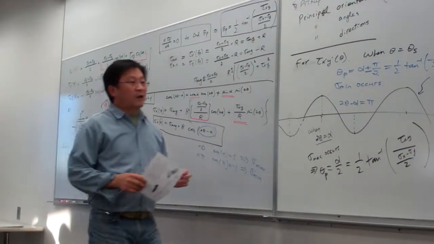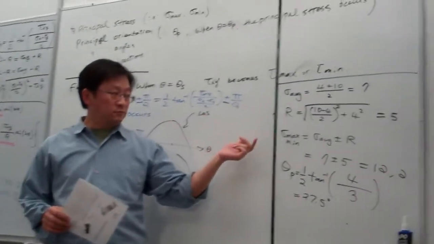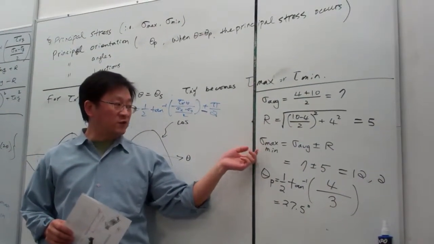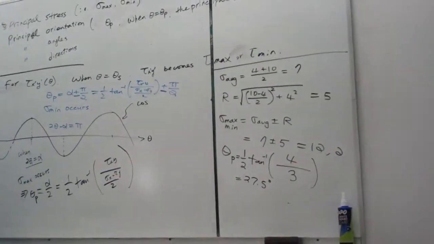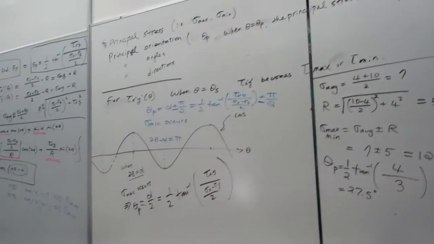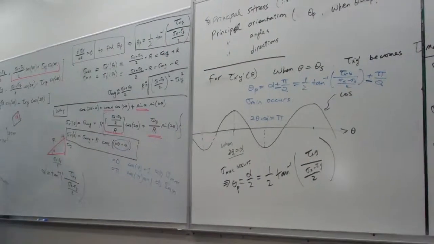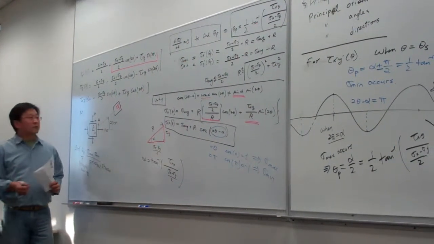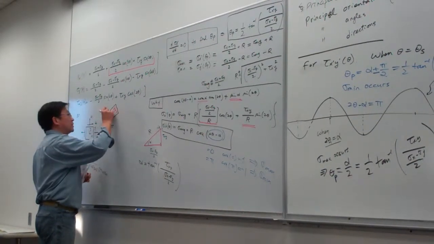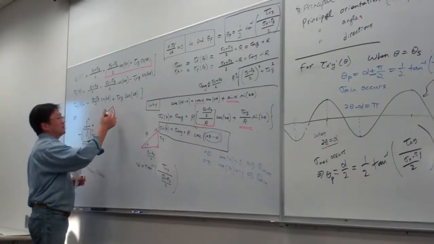Right now we have calculated the values of the principal stresses. One is 12, one is 2. The question I'm asking you is, the 12 and 2 are the principal normal stresses, and the normal stress acts on either side.